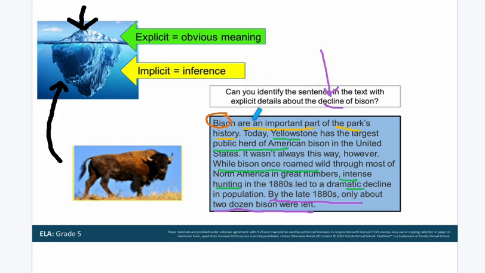Did it directly come out and tell me they're important and why? Well, they told me they're important, but they didn't really go into why they're important. They just started to really focus on the decline. So I know that they're important and they've been on decline. So I have evidence that supports that they're important and they've been on decline.